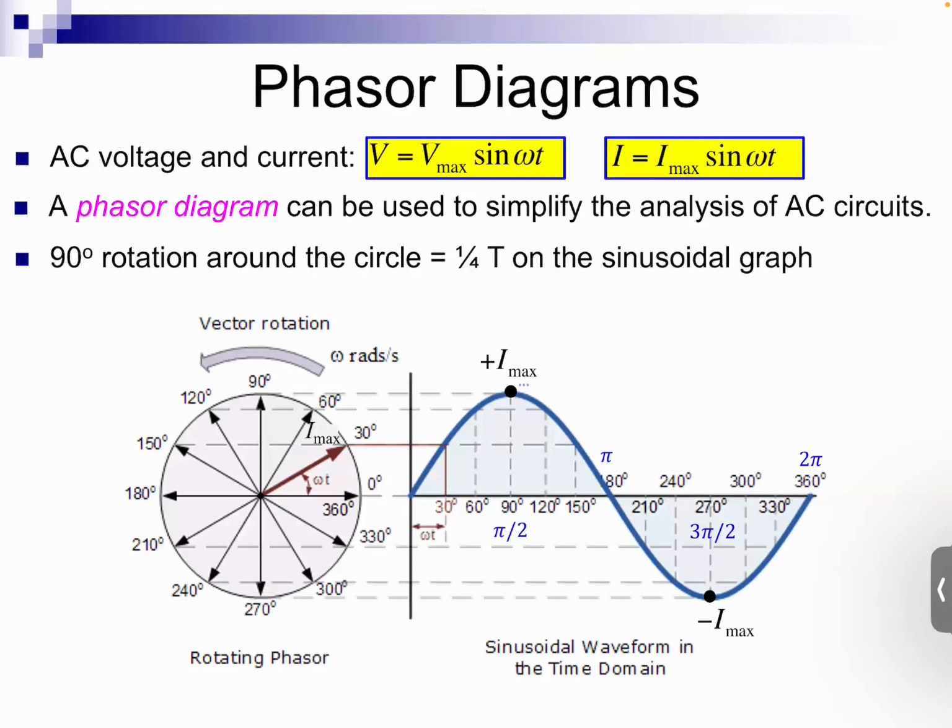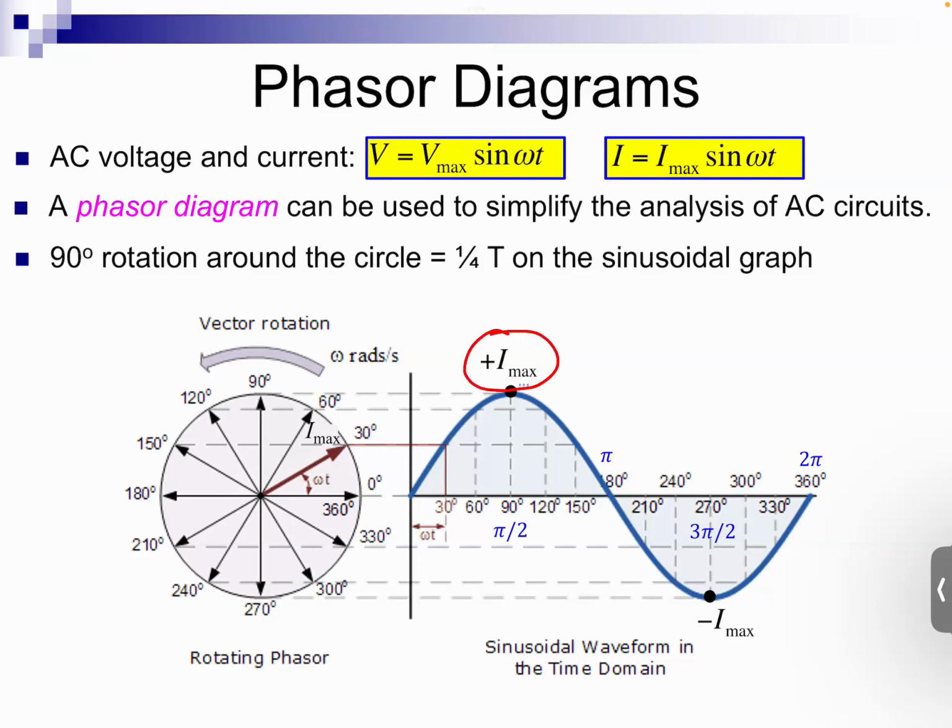Now let's look at how we move towards analyzing AC circuits. The thing to remember is that if you have an AC voltage or AC current source, you have this sinusoidally varying current and voltage. Let's look at current.